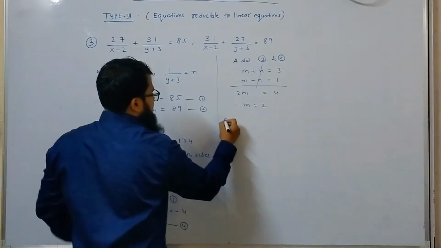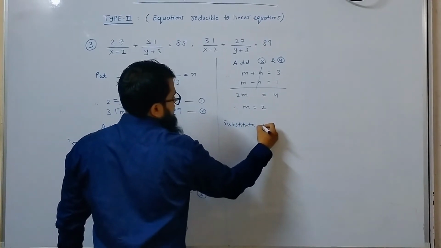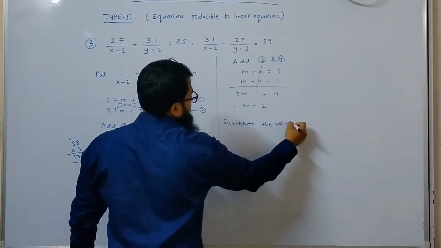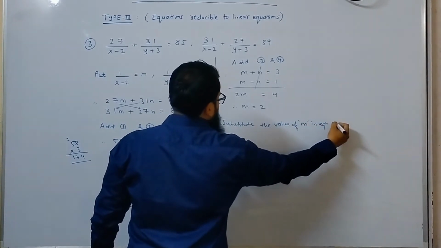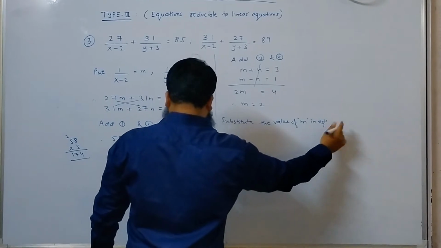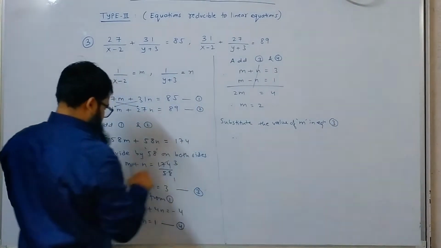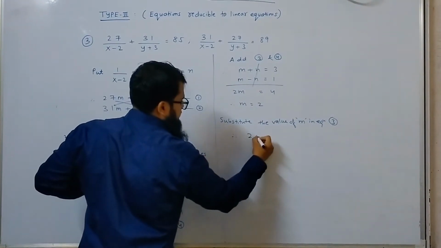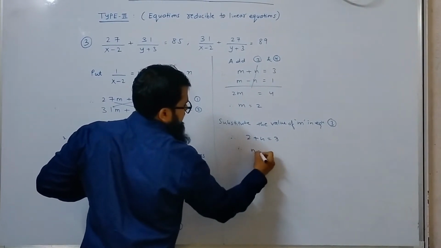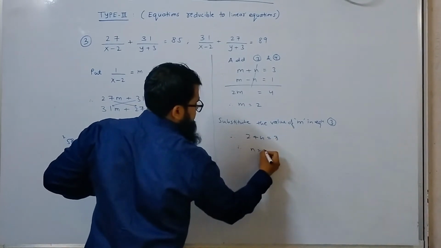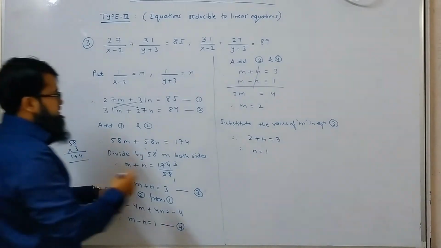Now substitute the value of m in equation 3. So therefore 2 plus n equals 3. Therefore n becomes 3 minus 2, which is 1. You got m and n. Yes?